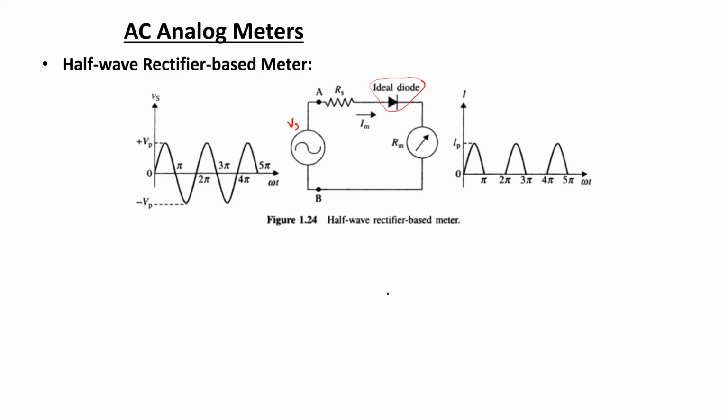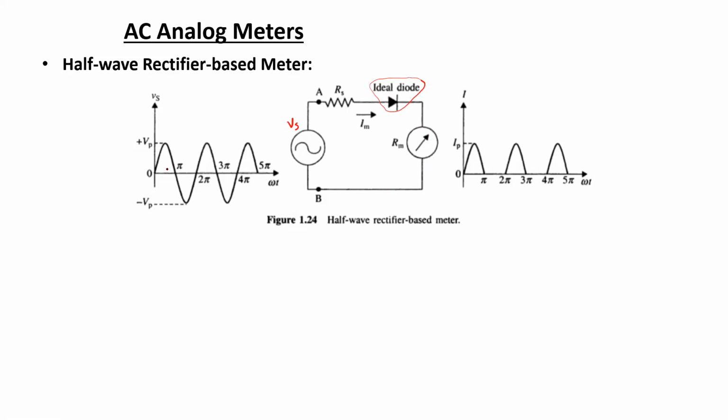For this half-wave rectifier based meter, the AC voltage source is going to have both the positive cycles and the negative cycles, but the presence of this diode will only pass the positive cycles towards the PMMC.